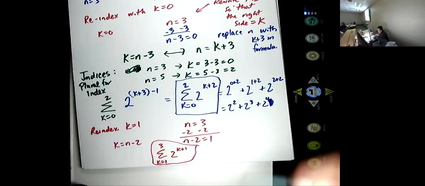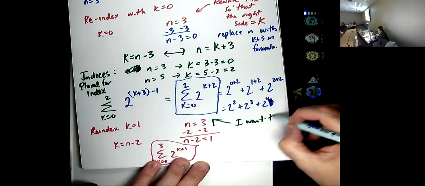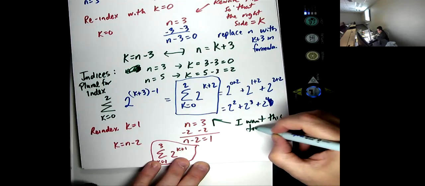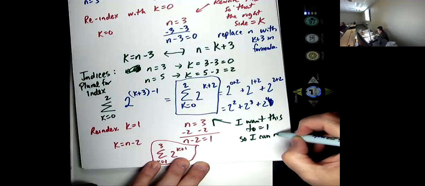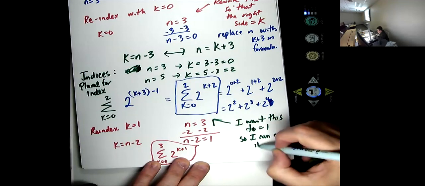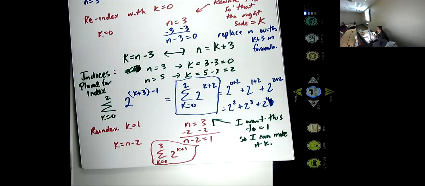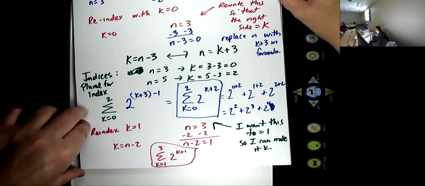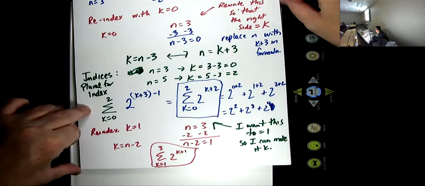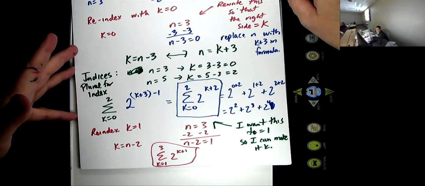I want this to equal 1, so I can make it k. And so I subtracted 2 to make it 1. It tends to be easier to see when it's 0, because we do that with factoring and stuff. But doing it to a different index, a lot of students get hung up.